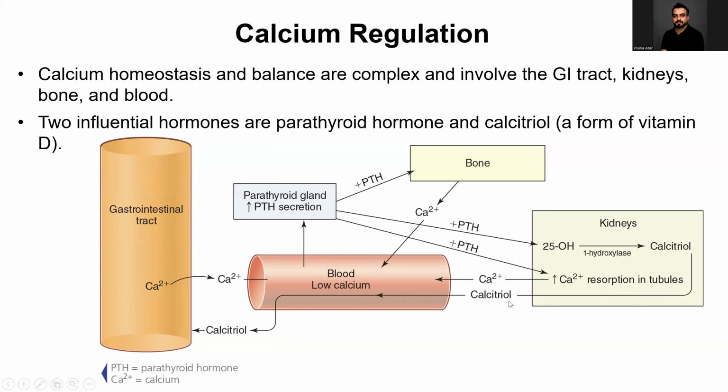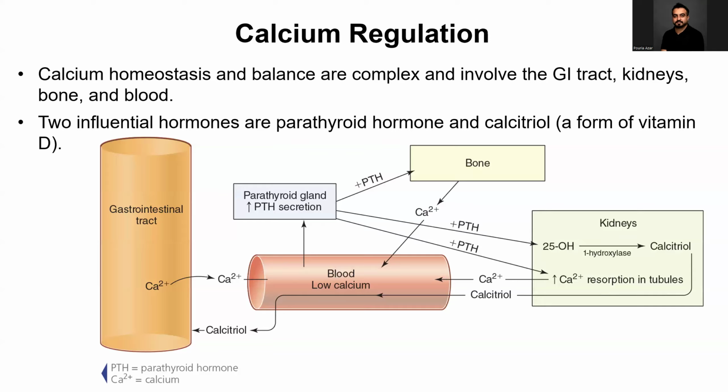We get calcitriol, the active form of vitamin D, in the kidneys. This calcitriol increases the absorption of calcium from the GI tract, as well as PTH, parathyroid hormone. When we have low calcium levels in the bloodstream, PTH increases bone breakdown and releases calcium to the bloodstream in order to have optimal levels of calcium.